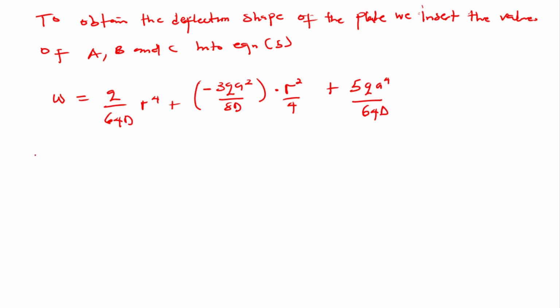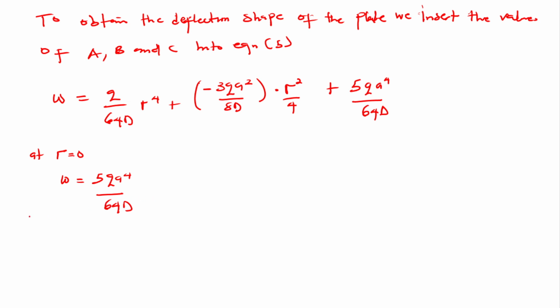So when radius R equals to 0, our deflected shape becomes 5QA raised to power 4 over 64D.